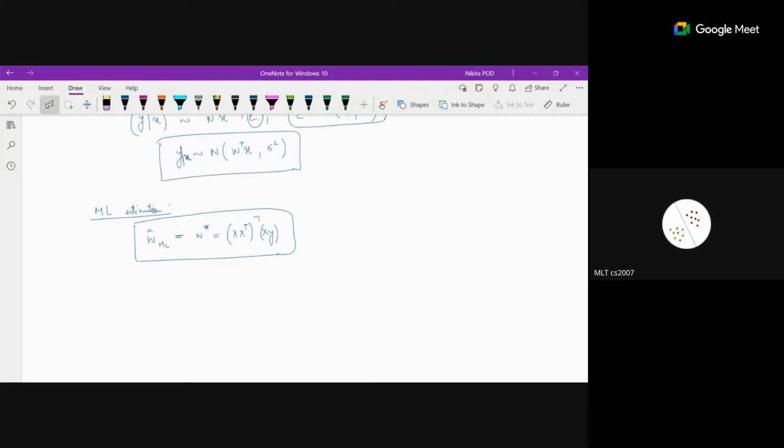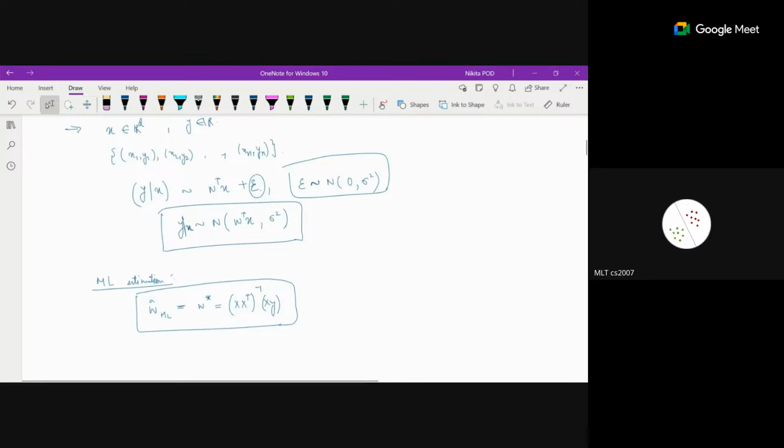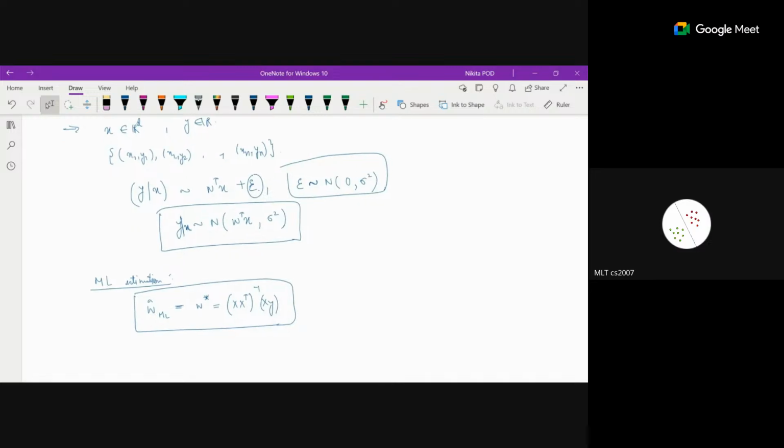What we know is that Y is distributed as a normal with mean W transpose X and variance sigma square. This is how Y is distributed. Y is random, so any W hat ML that you get is also going to be random, right?